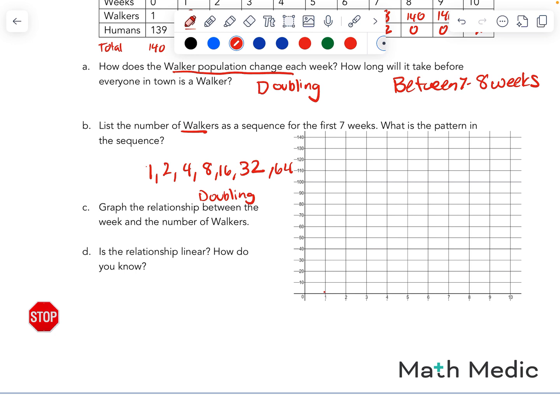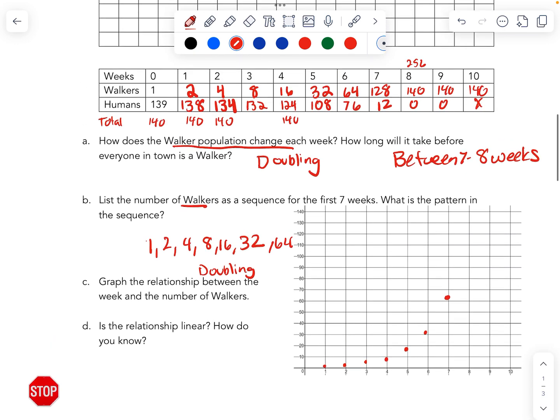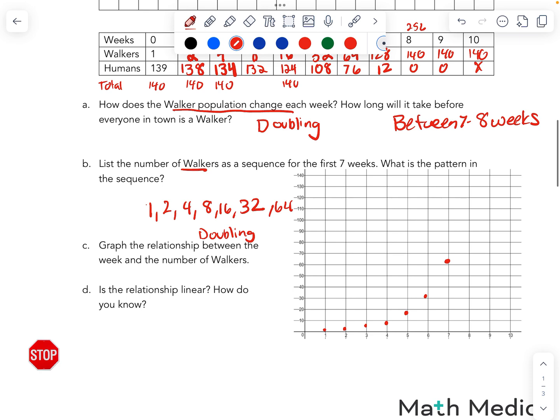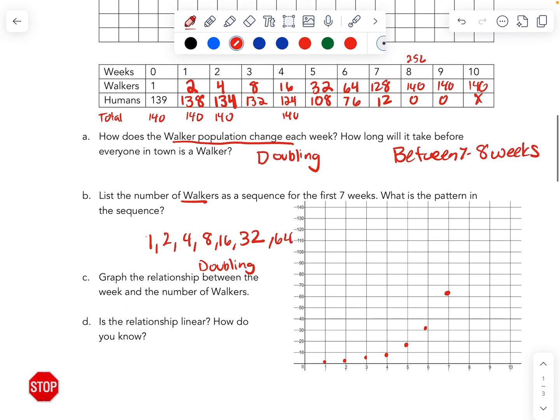Graph the relationship between the week and the walkers. So the first week, there's 1, 2, 4, 8, 16, 32, 64. And what was 8 at? I got off somewhere.